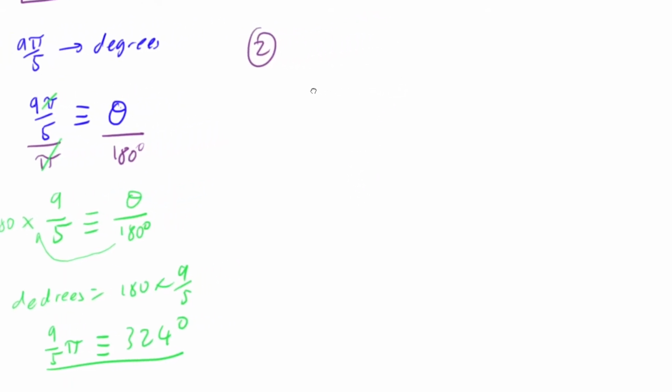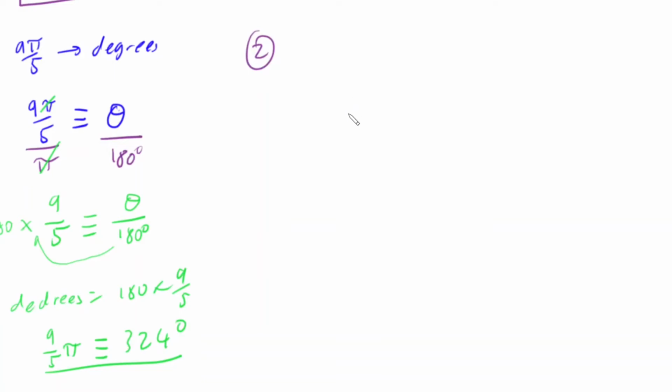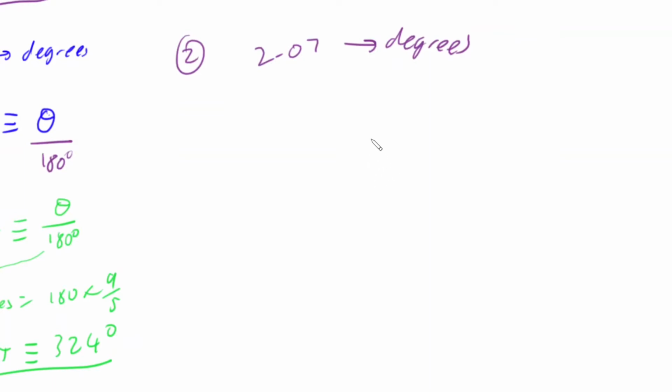What if I just had 2.07 radians and I wanted to convert that to degrees? I haven't got a nice number of radians here. It couldn't be turned into a nice fraction of pi. It's the same process. I know that 2.07 is equivalent to some unknown angle.